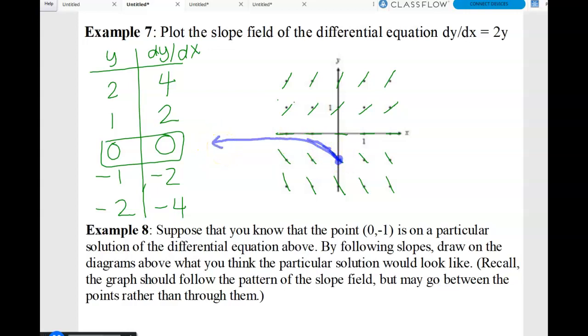What do we call that? We call that a horizontal asymptote. The graph has a horizontal asymptote at y equals 0. If you follow this graph down, again, you're following the slope field. Does that make sense? You kind of follow the lines.